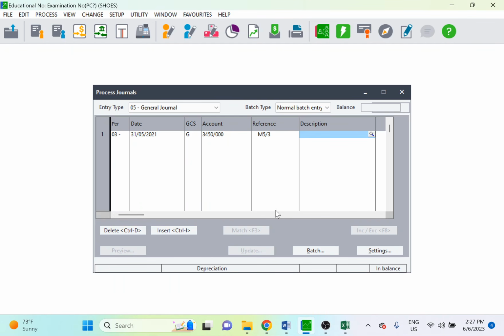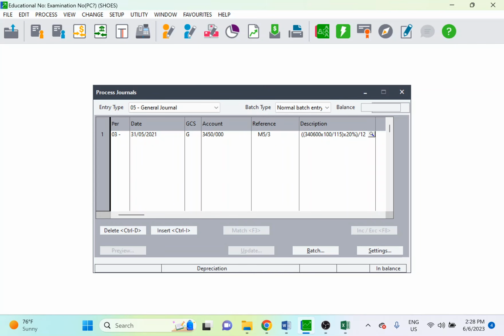So let's do the calculations under our description. So it's going to be double brackets 340,600 times, we can use asterisk or X for multiplication, times 100, divide by 115, close the first bracket, times 20%, close the second bracket, divide by 12 months.